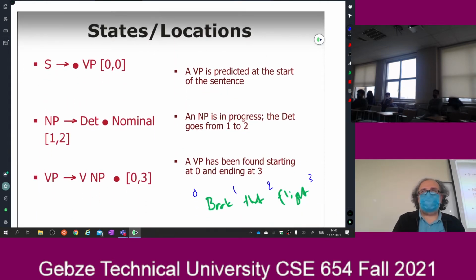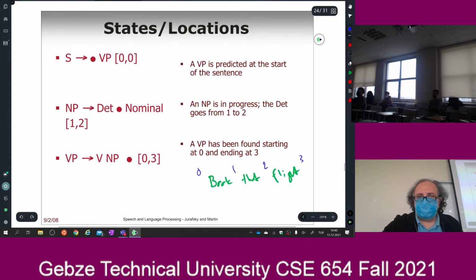Okay, remember the table. The table is n plus 1 length. N is the number of words. Okay, this is what happens at the beginning. At 0, 0, I didn't read anything yet. At 0, 0, I am predicting a verb phrase. Also, I am predicting a verb phrase, noun phrase. I am predicting this and this and that and that, okay? At the beginning, we do that. Let's look at this one, book that flight, okay? So 0, 0, I have this one.